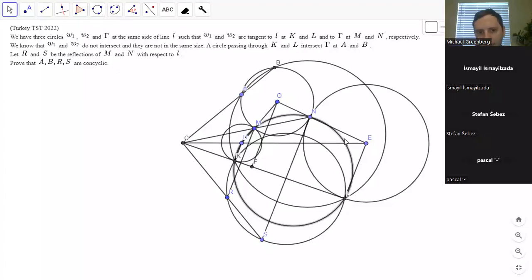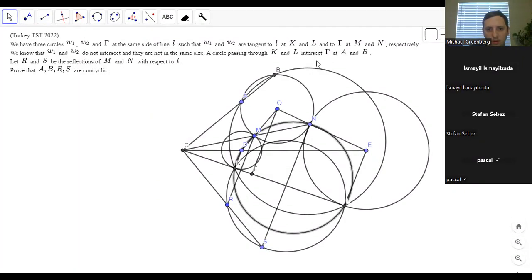So DKM and then OMN. So OMN is 90 minus half of MON. And DKM is going to be 90 minus half of ODK.